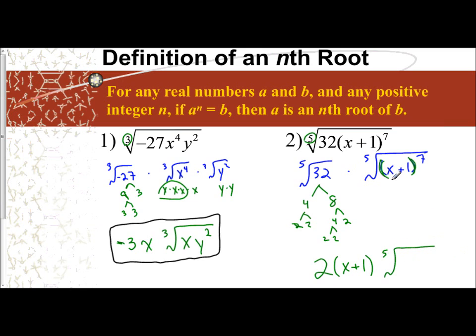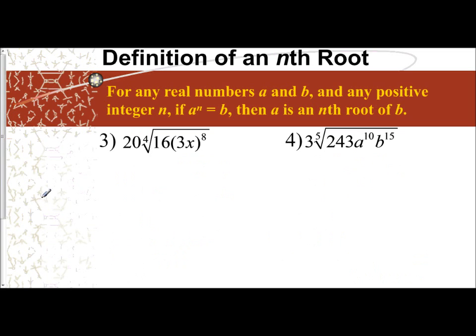Well, if I have 7 x plus 1, 7 of those parentheses, I take out the 1, which means that, a set of 5, there should be 2 remaining inside. So my final answer is 2 times the quantity x plus 1 times the fifth root of x plus 1 squared. And so looking at that whole division and remainder of the root and the power allows us to use a shortcut for simplifying nth roots.